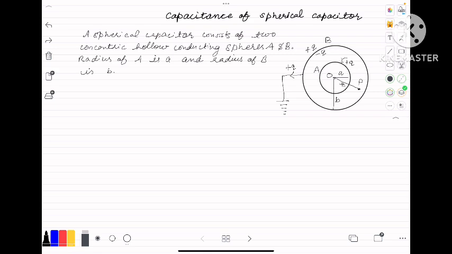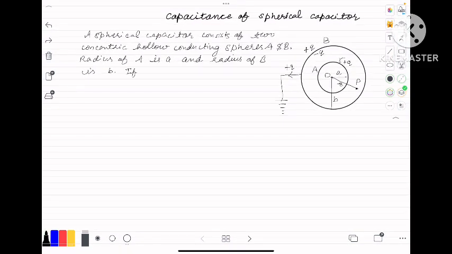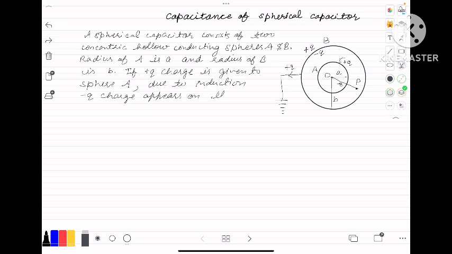If plus Q charge is given to sphere A, due to induction, minus Q charge appears on the inner face of sphere B and plus Q charge on its outer surface.